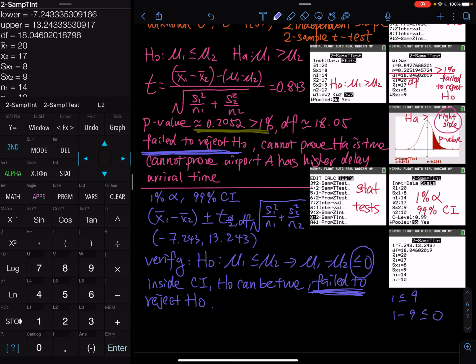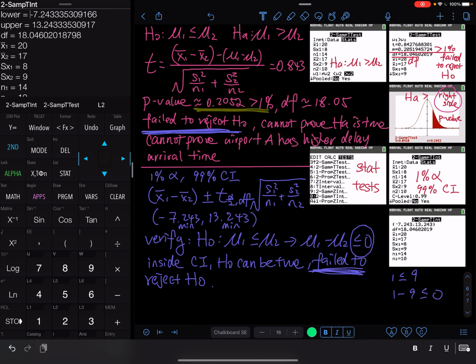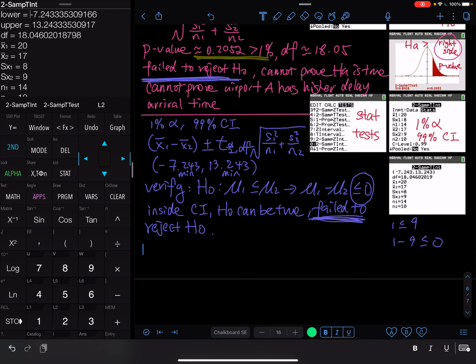And then one other thing that we can say is we can explain what those two numbers mean, the -7 and 13. So the unit is obviously in minutes, right? So it's -7 minutes and 13 minutes. What does that mean? Can you explain those two numbers to me? So here is how we do the explanation. So we are trying to explain the confidence interval. The language is different. So here is how we explain that.